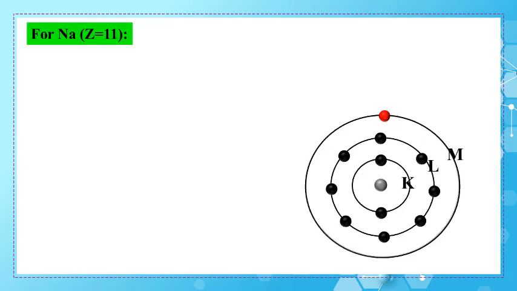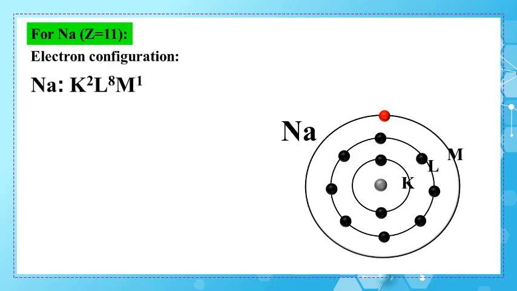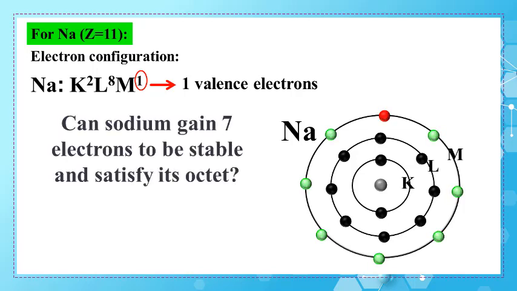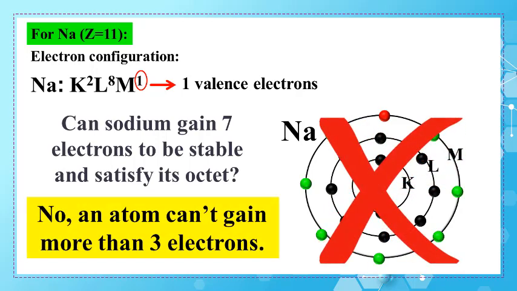Now for sodium having Z equal 11, its electron configuration is K2L8M1. It has only one valence electron on its valence shell M. Can sodium gain 7 electrons to become stable and achieve the octet? Of course not.